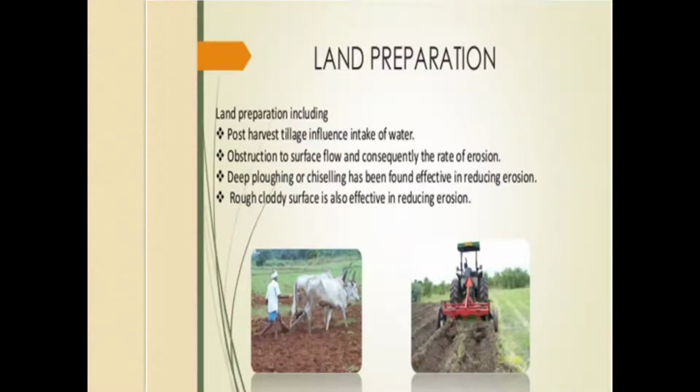When the surface is rough and the number of clods is large, it is effective in reducing soil erosion. The figure shows the different land preparation practices carried out here, and those cultural operations help most of the water to infiltrate into the soil, reduce the runoff flow, and control erosion.